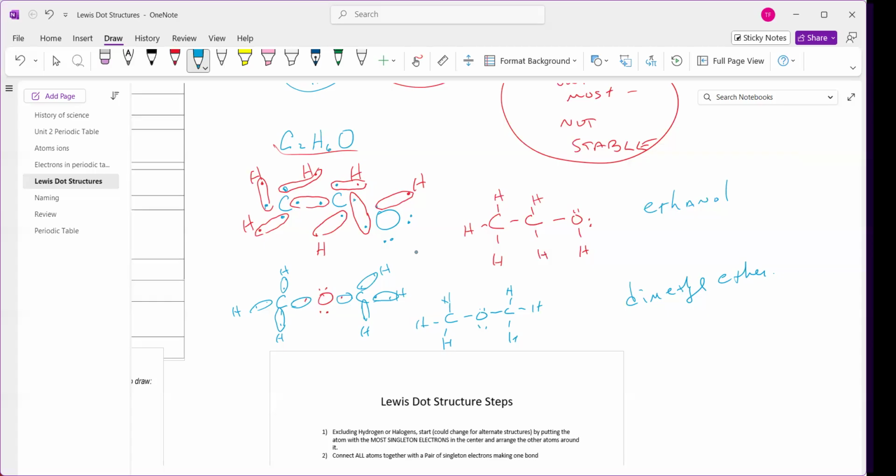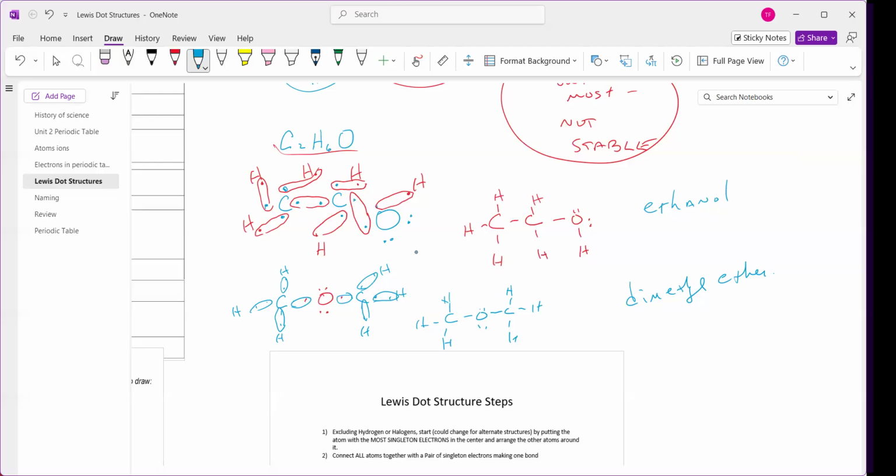Okay, so everyone, listen up now. I'm going to do some more practice on this because we've only looked at single bonds right now, not double bonds or triple bonds. Are there any questions about the dimethyl ether in terms of its structure?